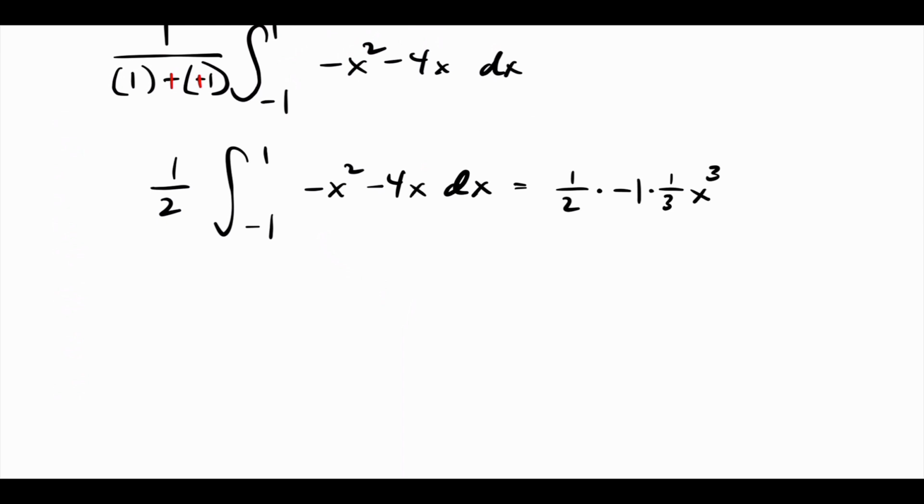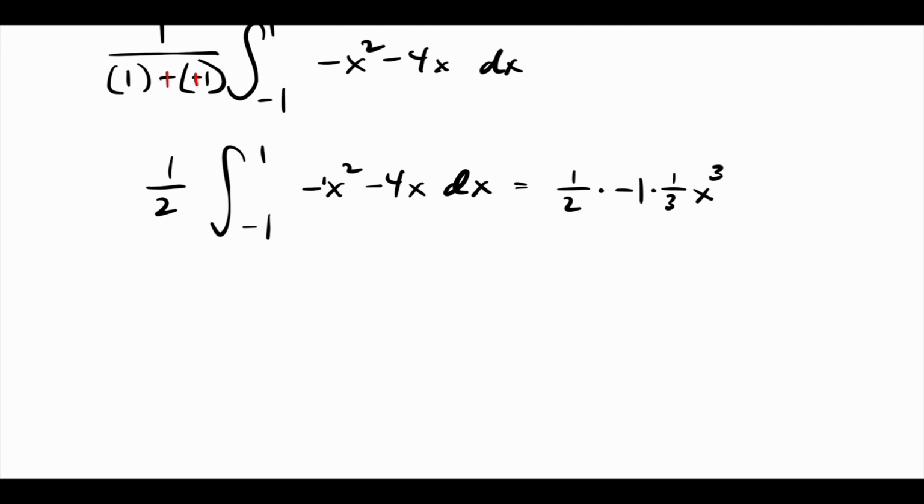I just made this a negative 1 here. Okay, next guy, minus, add a power, divide by that new power. This guy I'll divide by 2 since 2 goes into 4 evenly. And I'm going to evaluate it from 1 to negative 1.